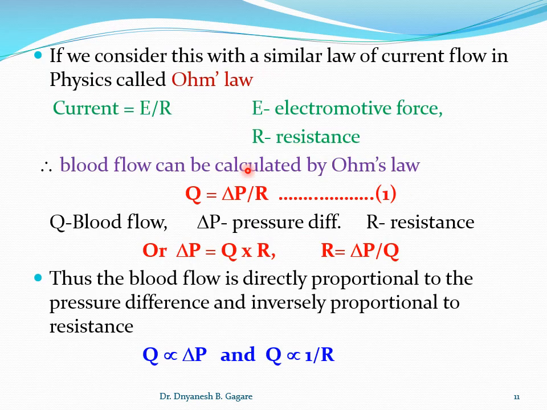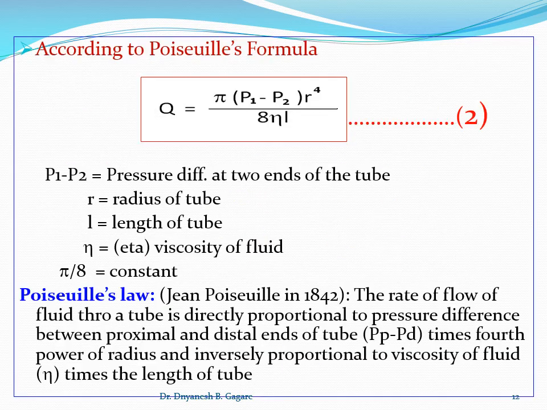These are the various equations we studied in our previous lecture. First, Ohm's law: according to Ohm's law, the blood flow is directly proportional to the pressure difference and inversely proportional to the resistance.